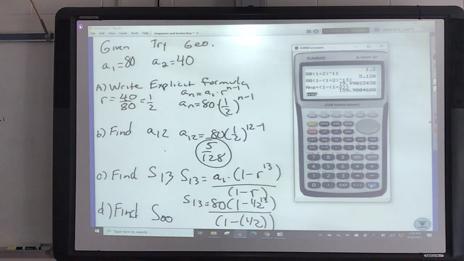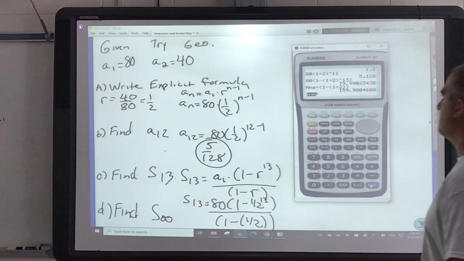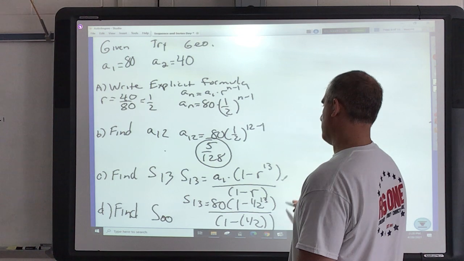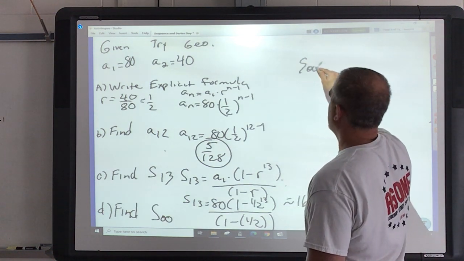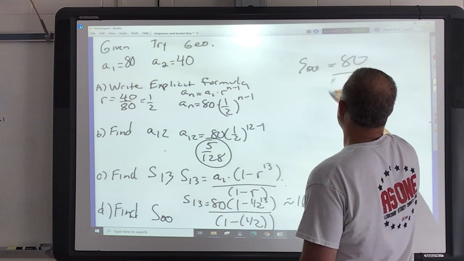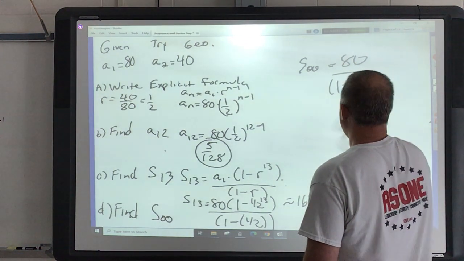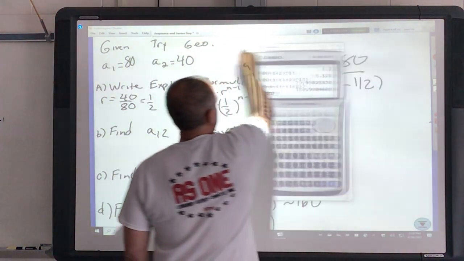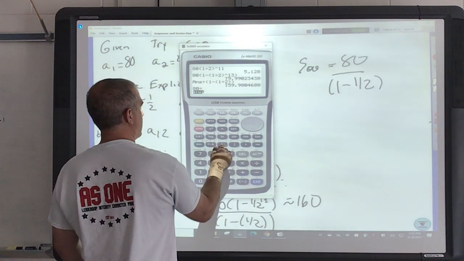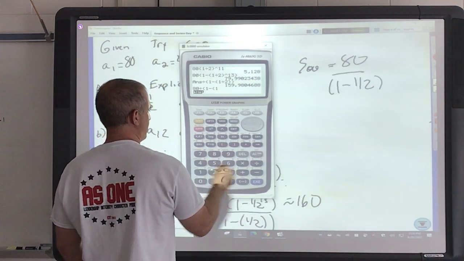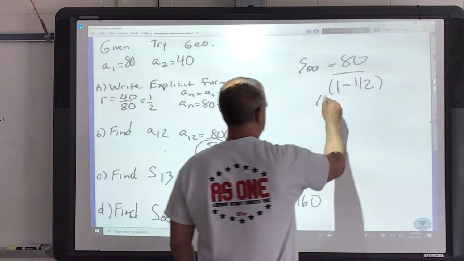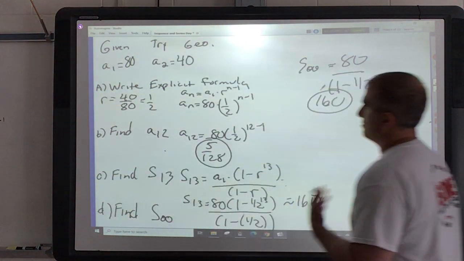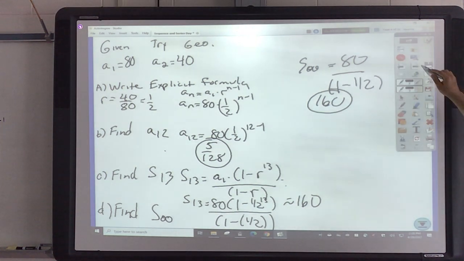So I got 159, about 160. My S sub n will be 80 over 1 minus 1/2. 80 divided by 1 minus 1/2 is also 160. So similar scenarios.